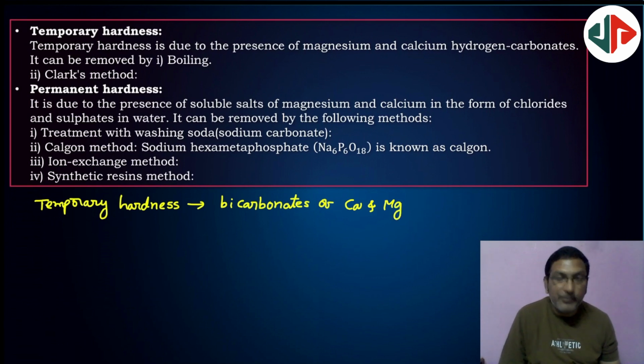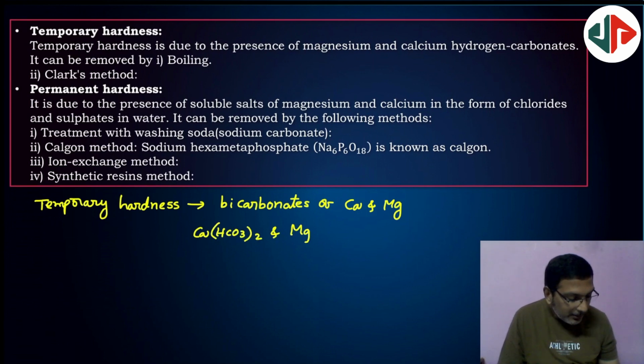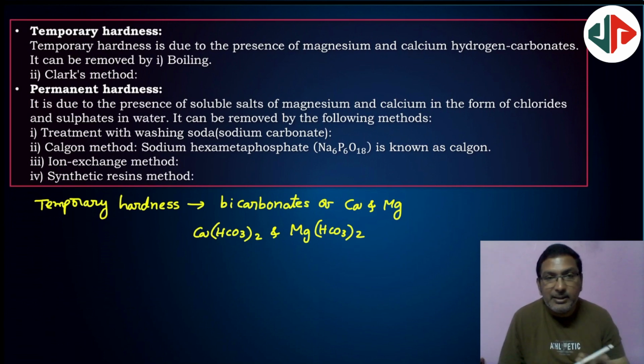This is very important. These compounds are Ca(HCO3)2 and Mg(HCO3)2. These are highly soluble in water. So due to the presence of soluble calcium bicarbonate and magnesium bicarbonate, temporary hardness arises.